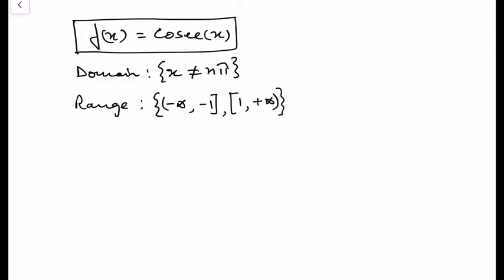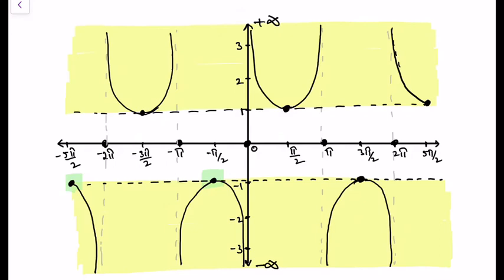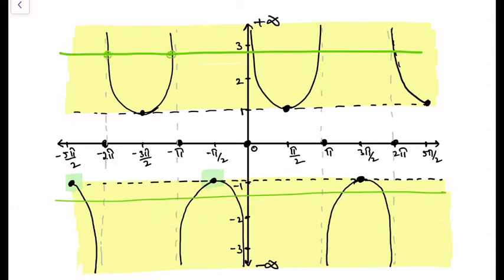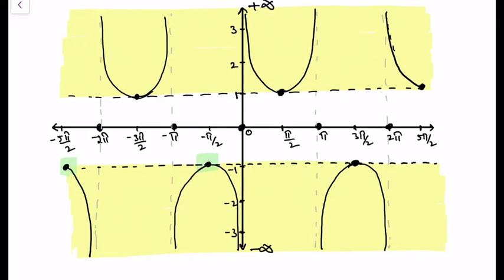Now for this function to have an inverse, it must pass the horizontal line test, and the horizontal line here is intersecting at more than 1 point. So this function will not pass the horizontal line test until we reduce the domain of this function.